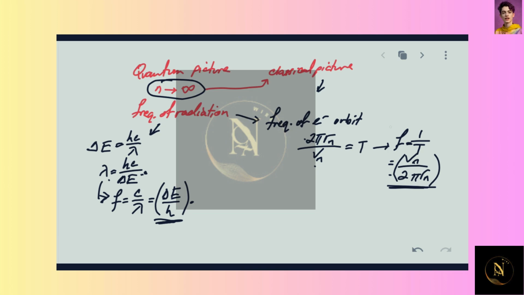Now we're going to start off with the classical picture of the electron orbiting, and to find the frequency we just have to substitute in the velocity of the electron as well as the radius of the orbit from the Bohr model.